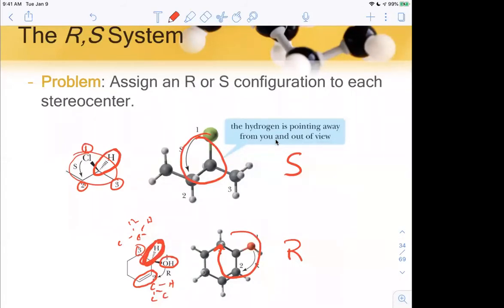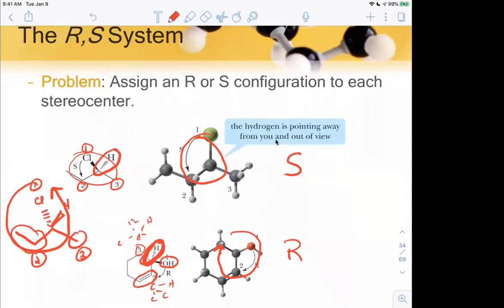There is a little trick. Let's say I did this and I flip this. So now my chlorine is behind and my hydrogen is pointing out to me. Well, I still have 1 priority, 2 priority, 3 priority, and I can still make this assignment. This is going counterclockwise, which tells me this is S, right?